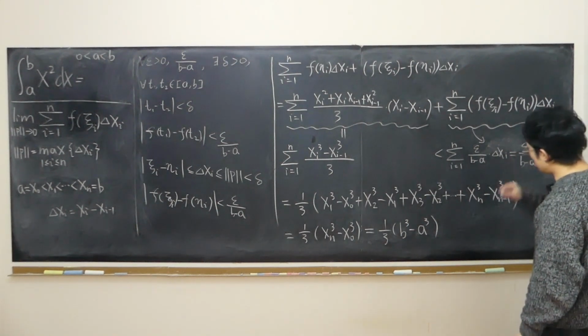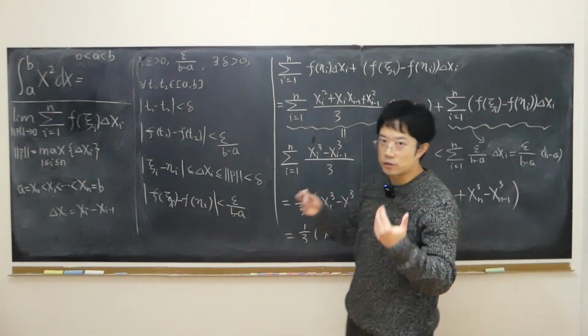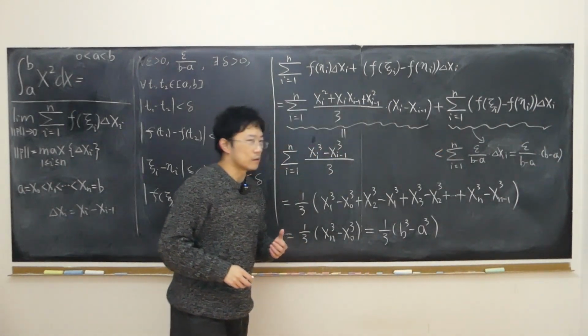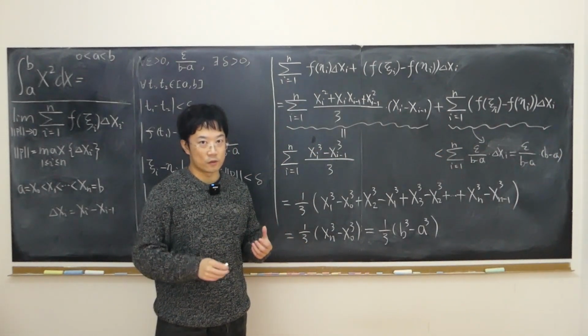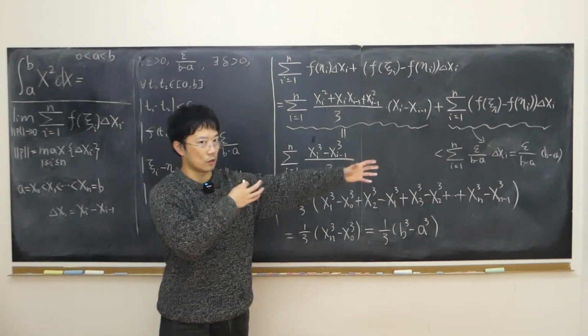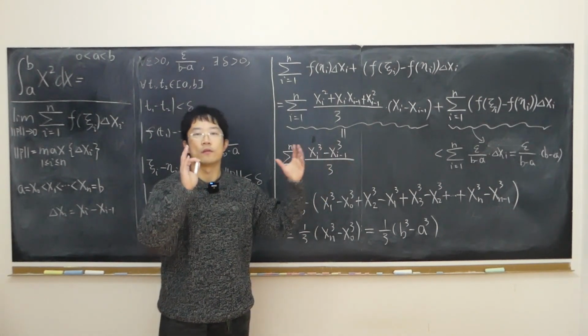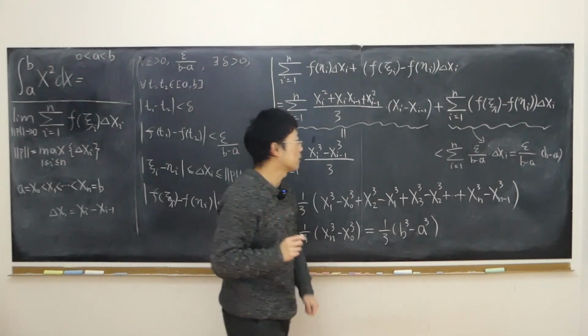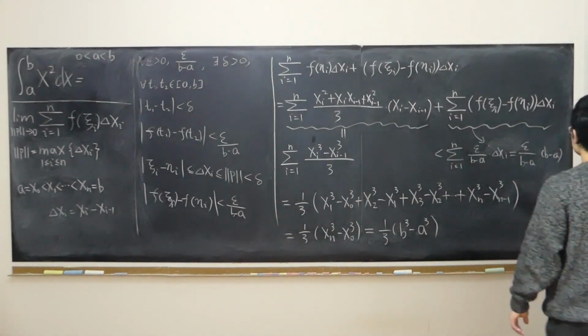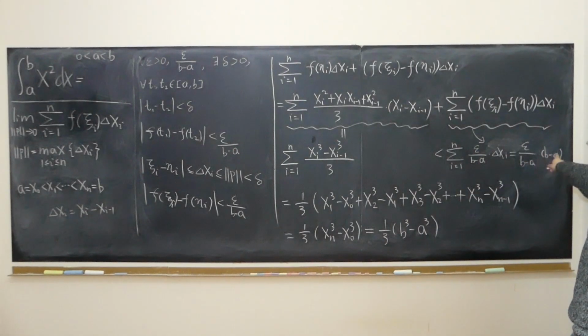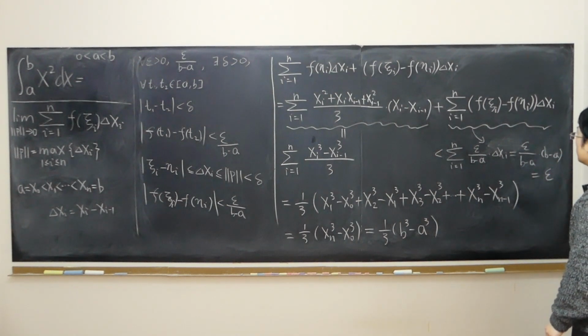Because delta xi is the length of each small interval. What's the sum of the lengths of the small intervals? Obviously, they add up to the length of the interval AB, b minus a, right? So b minus a, b minus a cancel out, equal to epsilon, right?